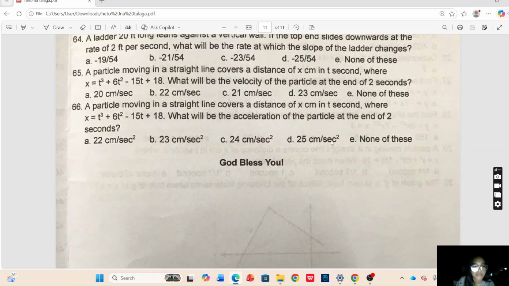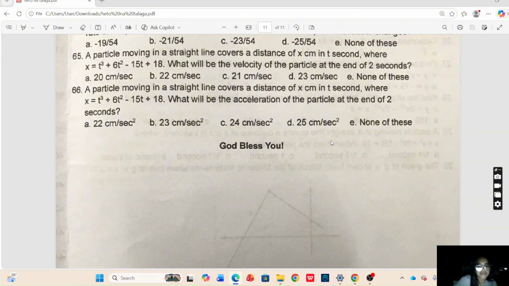So number 65, the fifth question, we are given the position function of a moving particle and asked to determine the velocity at a certain time. Velocity is the first derivative of position, so differentiating the function and substituting the specified time gives the velocity.